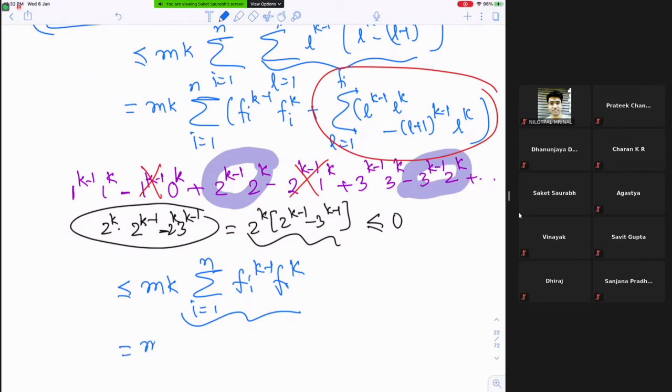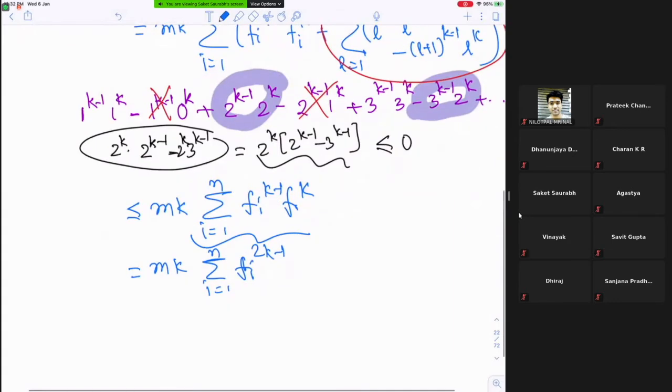This is equal to m k summation i equal to 1 to n of f_i^{2k-1}, which is equal to k times m, where m is basically F1, the sum of all the frequencies, times F_{2k-1}.